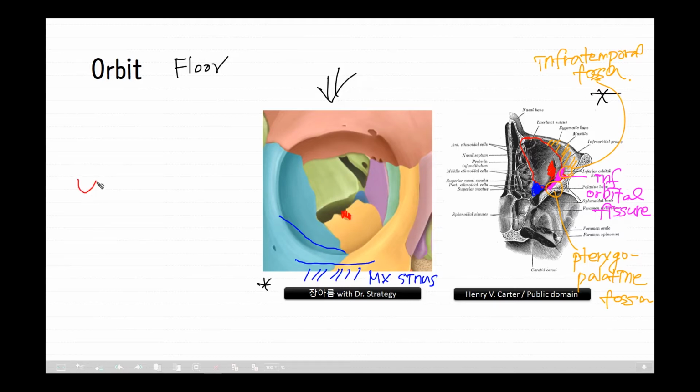It means that gradually, like this, groove to canal, which opens on the face at the infraorbital foramen around here. I drew too far actually.